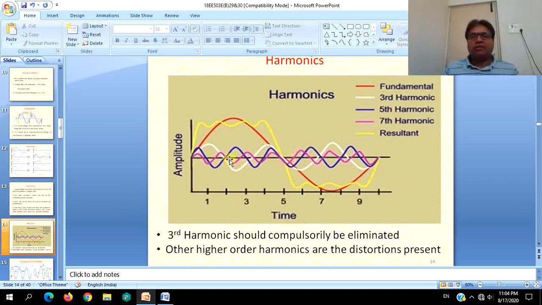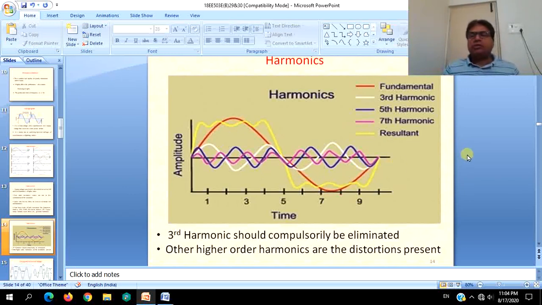High frequency waves have less amplitude, whereas the lower frequency, that is the third harmonic, which is the white line, has higher magnitude. So the third harmonic has higher magnitude, which will adversely affect the shape of the voltage waveform and also the performance of the load.